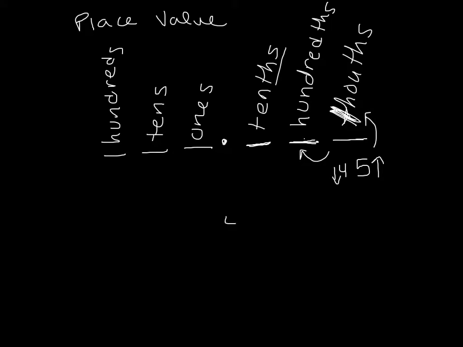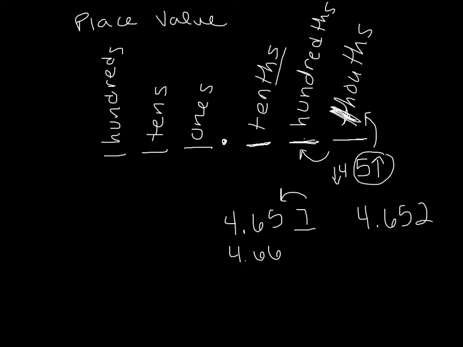For example, if you're dividing and you have 4.657, the thousandths place is a 7, that's a 5 or higher. So round this to 4.66 and stop dividing. It's good enough. Or if you have 4.652, the number in the thousandths place is the 2. It's 4 or lower.